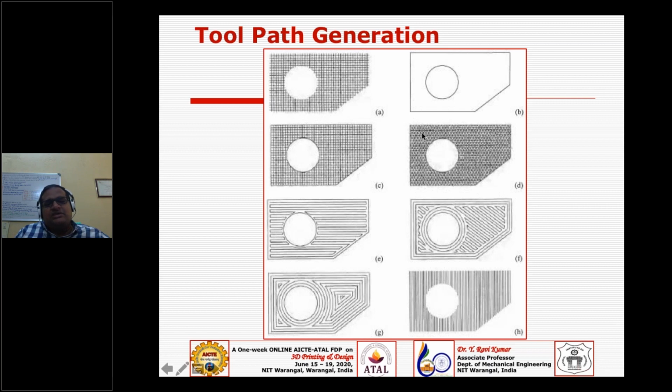You can have the raster at 45 degrees, or you can vary your raster angle from 0 to 90 degrees, right? And it may be a combination of contour and raster, raster and contour, or things like that. So the toolpath can move in any pattern. The pattern is judging your quality.